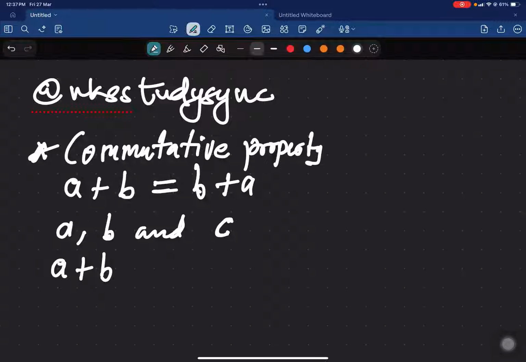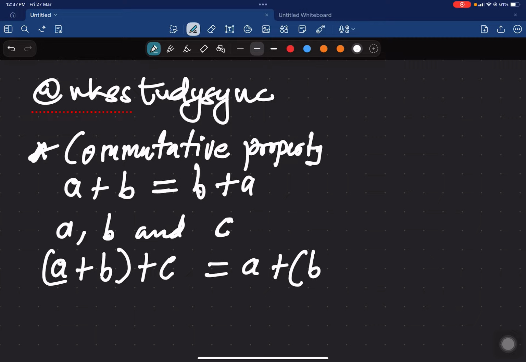In its basic form, we can only add two things at a time, then maybe what you get from there, you add to the next. So a plus b, then adding it to c, gives you a result. It's the same thing you get when you add a to the result of the addition of b and c. So a plus b, then plus c, is the same as a added to the result of b plus c.